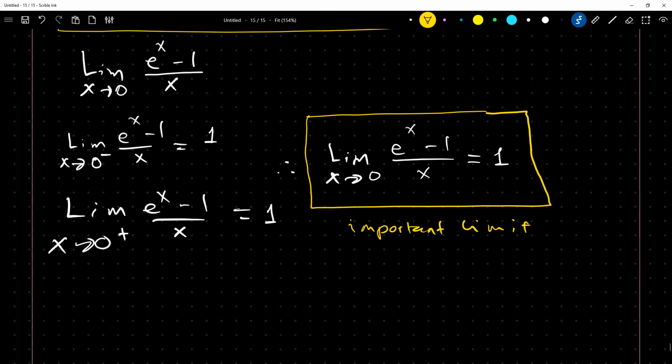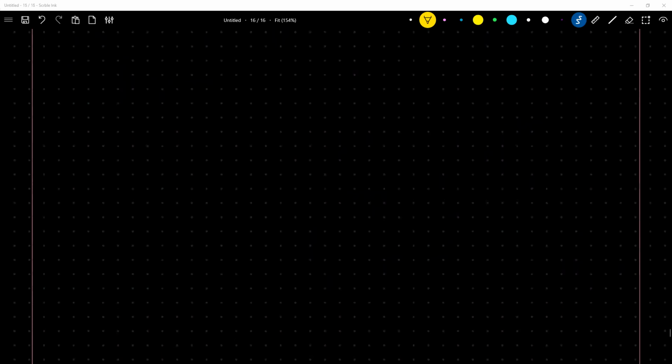Okay, so next up, let me just do a few examples here, perhaps, and then we'll call it quits. And then in the next session, we'll go over the squeeze theorem.